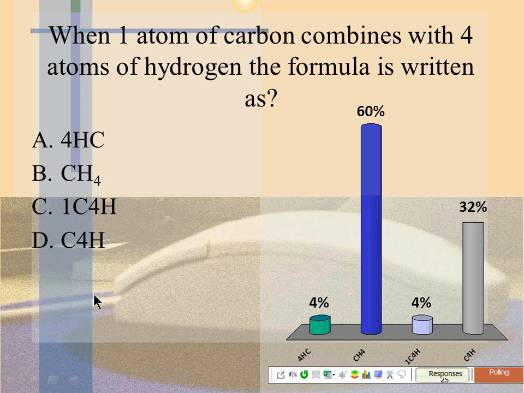Yes, it's CH4. You'll write it as CH4, not 4HC or 1C and 4H or C4H. It's written as CH4 to say that there's 1 atom of carbon and 4 atoms of hydrogen. Okay?